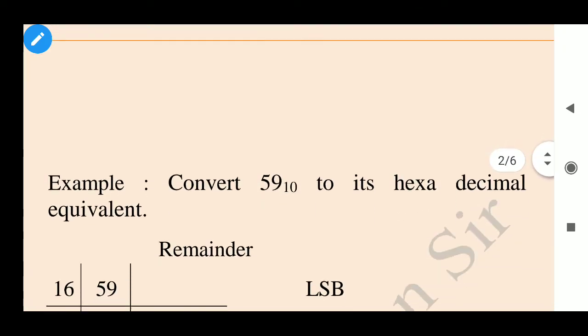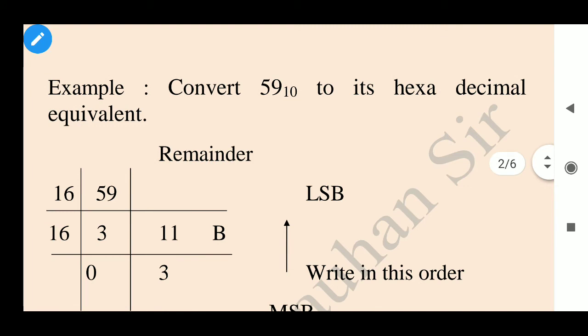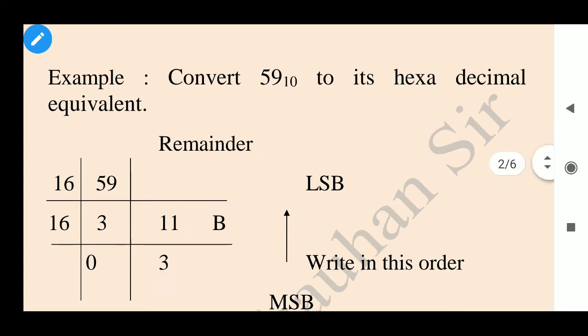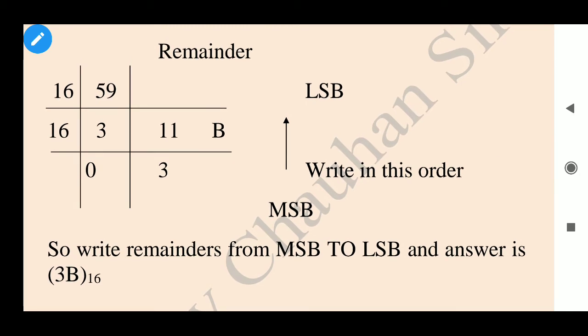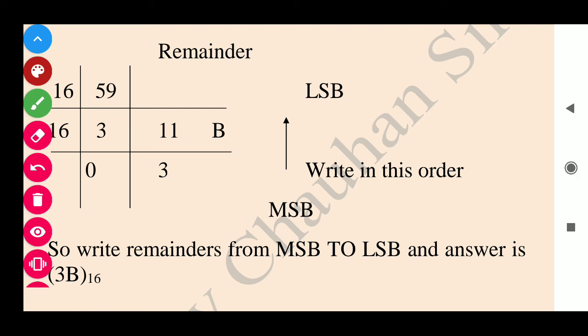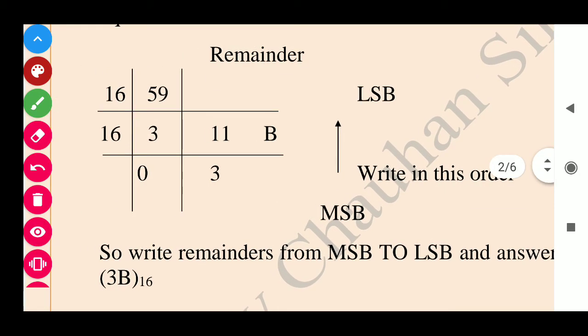Okay, so we will see an example: convert 59 base 10, that is a decimal number, to its hexadecimal number. Now see, we have written 59, that is your decimal number. We will divide 59 by 16, so your quotient will come 3.